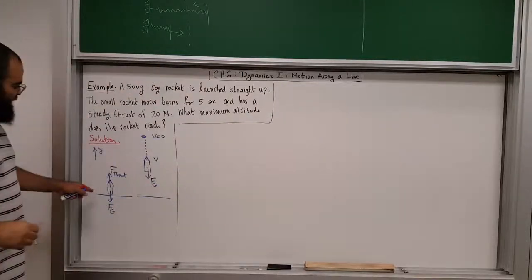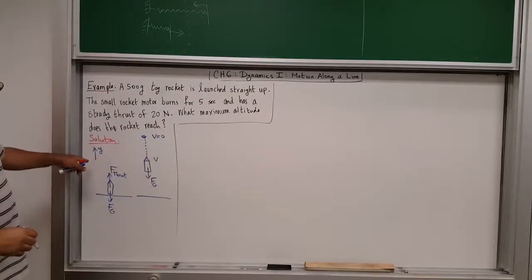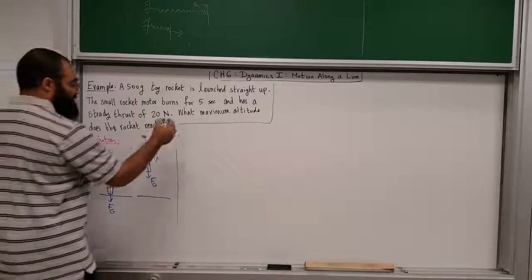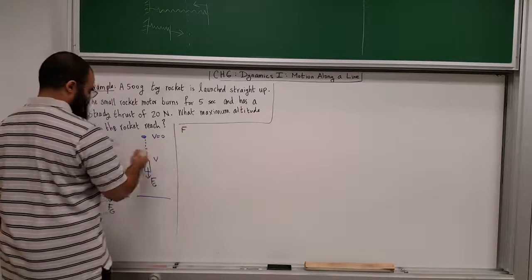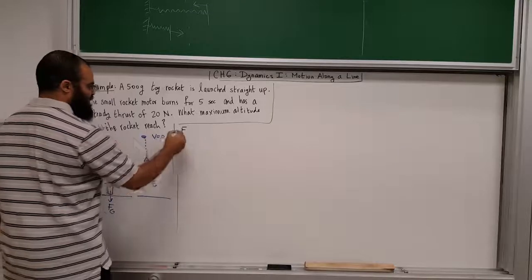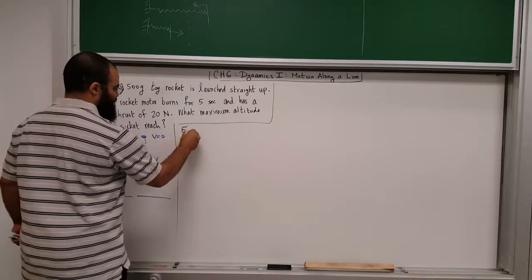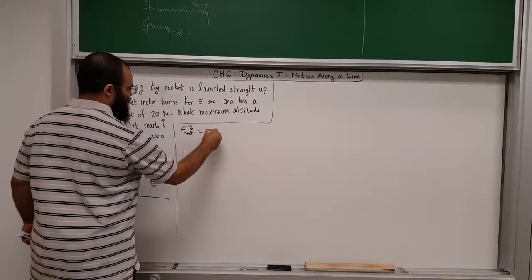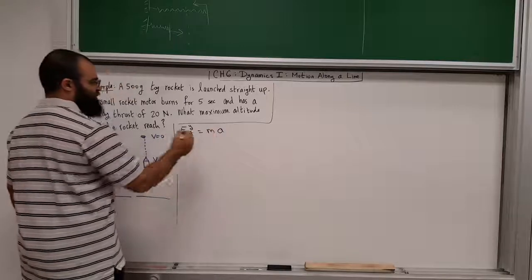So, while there is thrust, let us use the net force in the y direction. There is no x direction here. The x will be 0. There is no motion left and right. So the net force in the y direction will equal the mass times the acceleration in the y direction, ay.